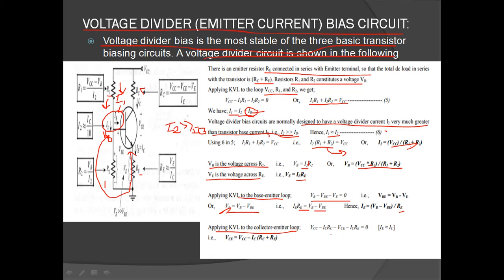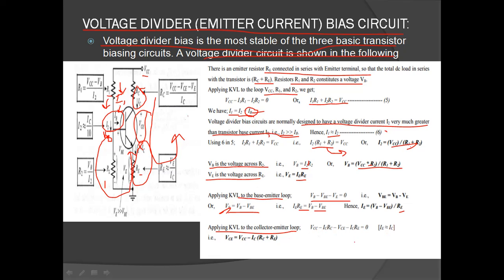Applying KVL to the collector emitter loop, when you apply KVL to this loop, you get VCC minus IC RC minus VCE, in the negative direction, minus IE RE, that is the voltage drop here, is equal to 0.